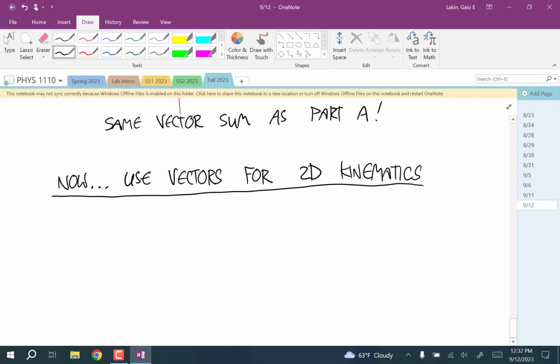Well, we have to define 3 different vector quantities: a position vector, a velocity vector, and an acceleration vector.